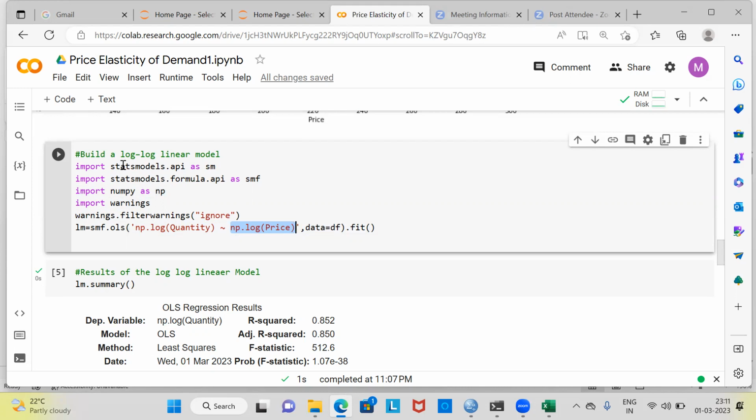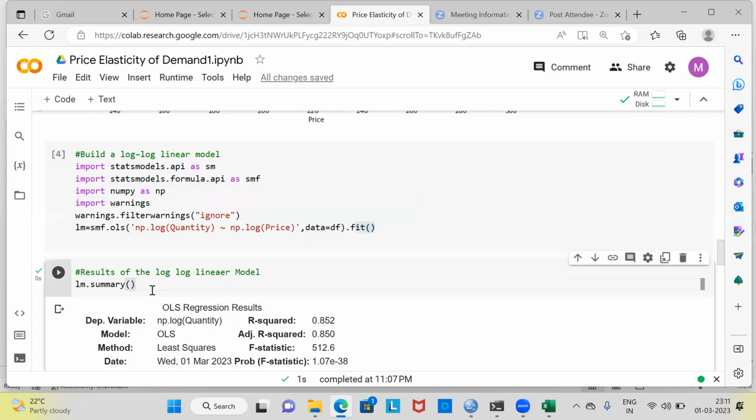So this is why we are calling this a log-log linear model. You have to specify the name of the data set, and you can go ahead and use the fit function. This will run the model and save the results in an object which is called LM.